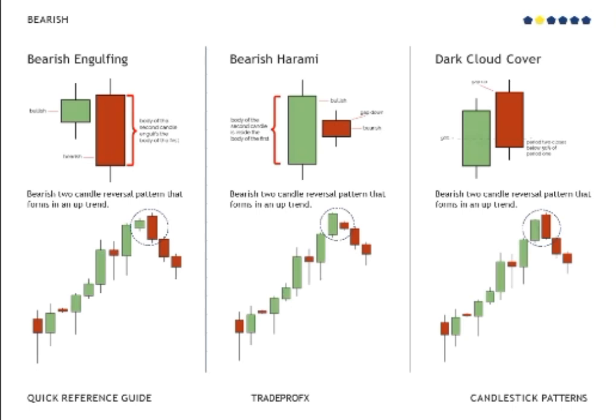So next, let's talk about the bearish engulfing. The bearish engulfing is a pattern which occurs when a smaller bullish candle is followed by a much larger bearish candle, and you can see it there. When this bullish candle is followed by a bearish candle, that candle completely engulfs this small bullish candlestick here.